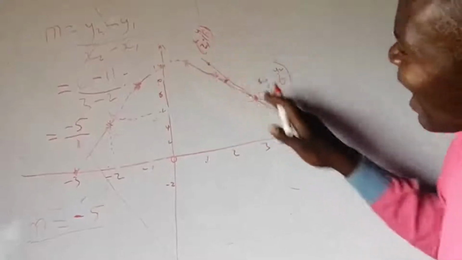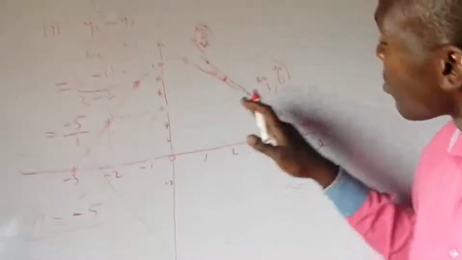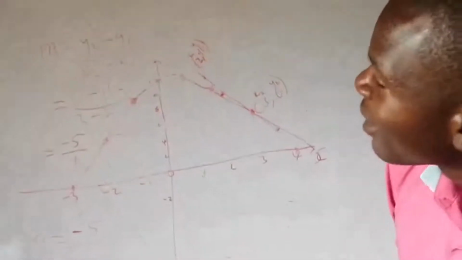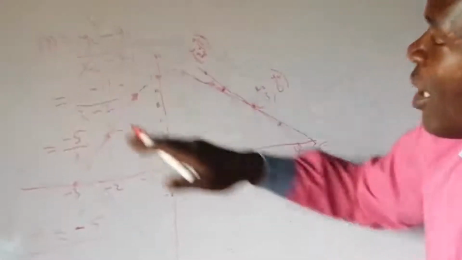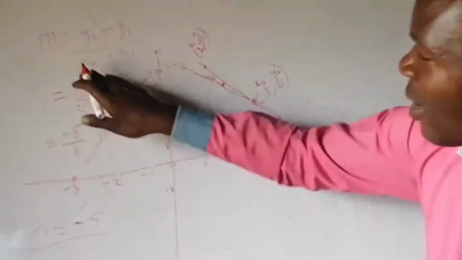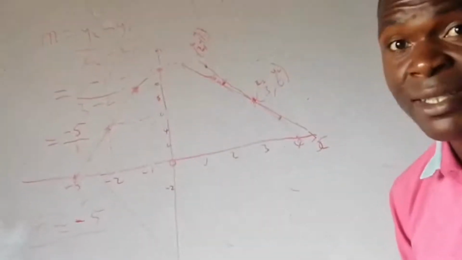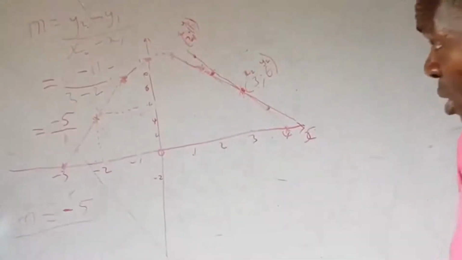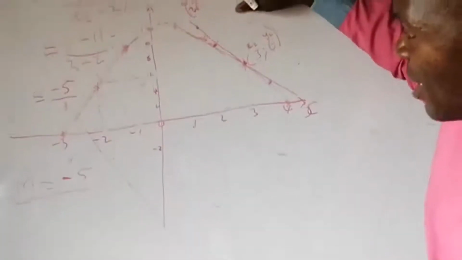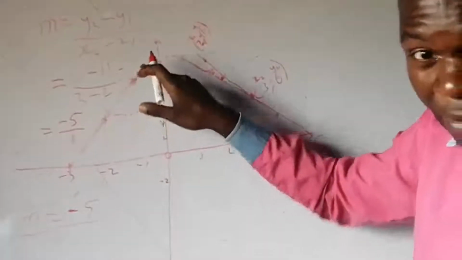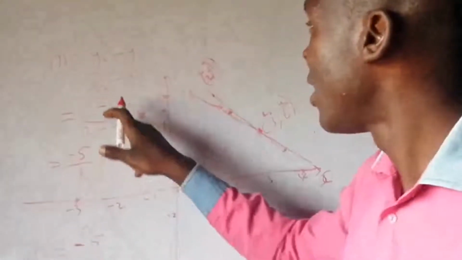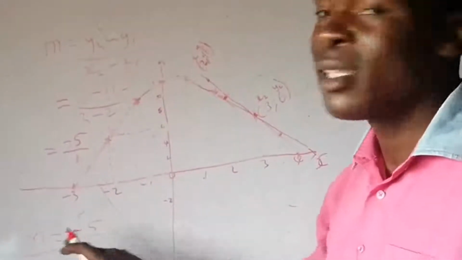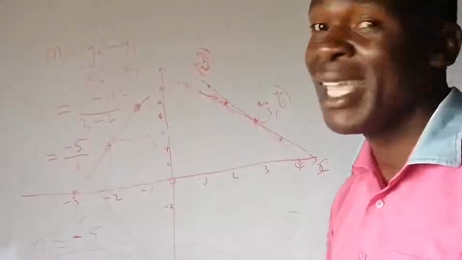And pick any coordinates on this tangent and use the formula for gradient, which is y2 minus y1 over x2 minus x1, which means difference in y coordinate over difference in x coordinate. So use your coordinates and substitute them in this formula so that you will find that the gradient is minus 5.